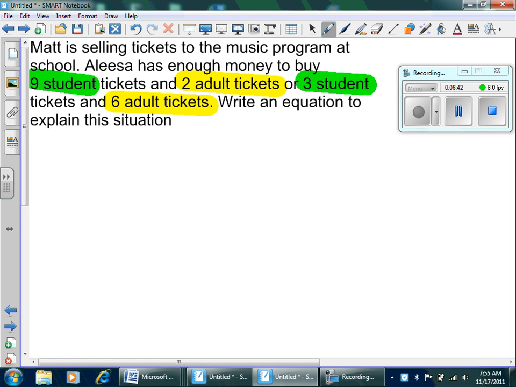What do you think? I'm thinking points. I have 2 points right here: the point (9, 2) and the point (3, 6). What I did was I let the 9 be my x coordinate.